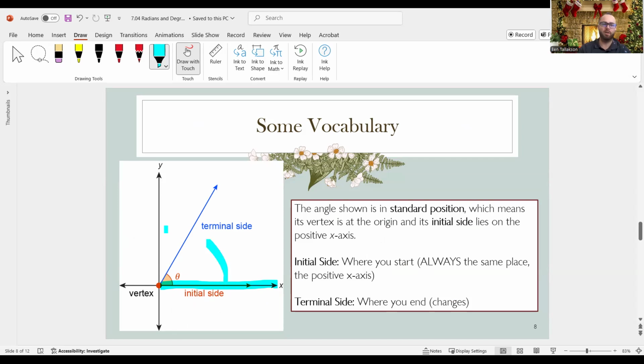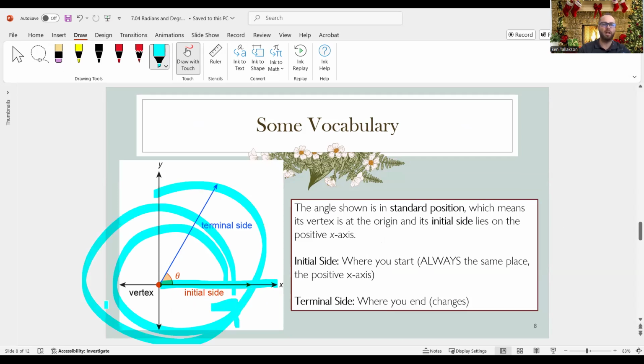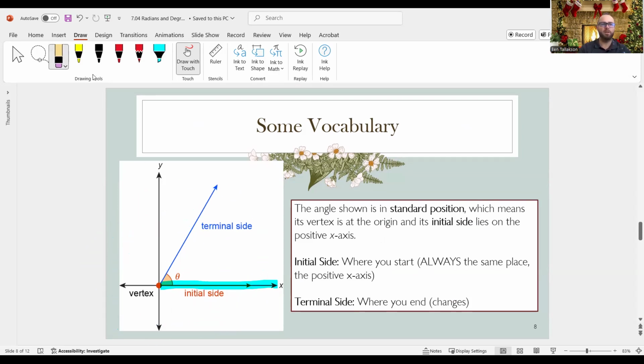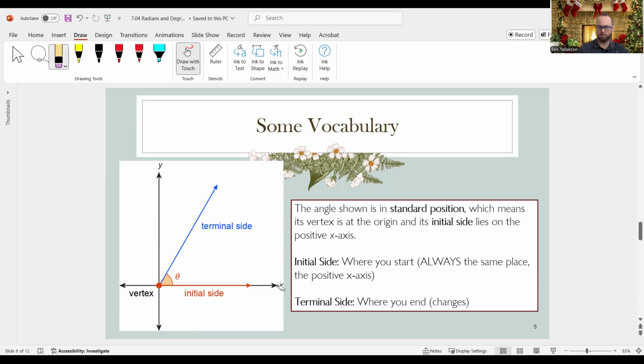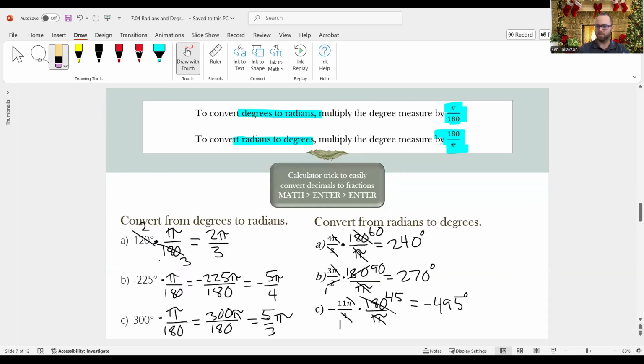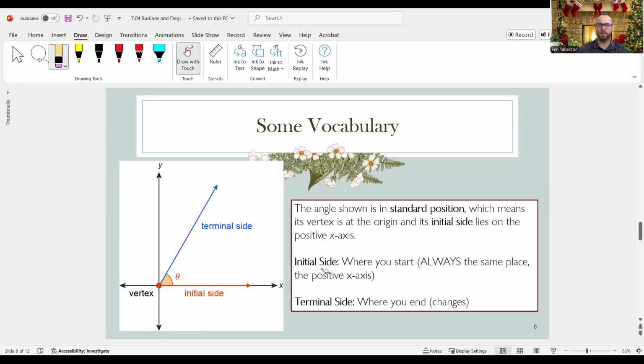If you'd like, think about it like you're running a race, you're running laps. And speaking of running laps, you can go around more than once, which starts to hint at what we saw a moment ago, this degree bigger than 360. We'll get there, but for right now, let's just focus on this.